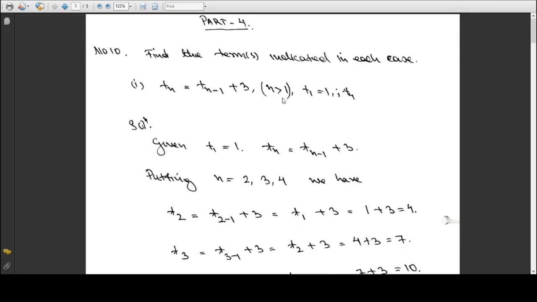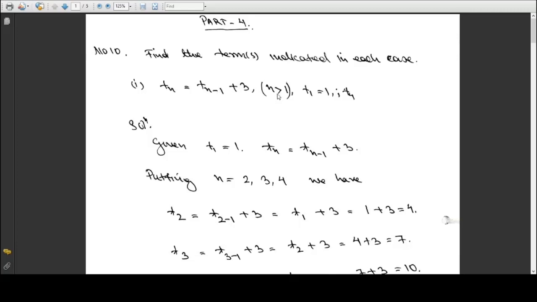Why is n greater than 1 given? Here we have n minus 1. If n is equal to 1, then 1 minus 1 will get 0, isn't it? There is no term 0. There is the first term, second term, and so on. It is a counting number starting from 1, 2, 3: first term, second term, third term.